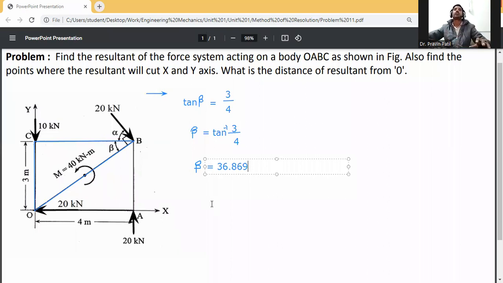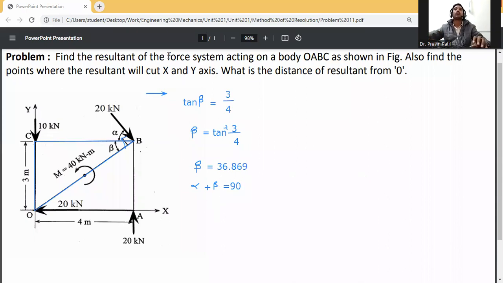So the total angle, alpha plus beta, is equal to 90 degrees.